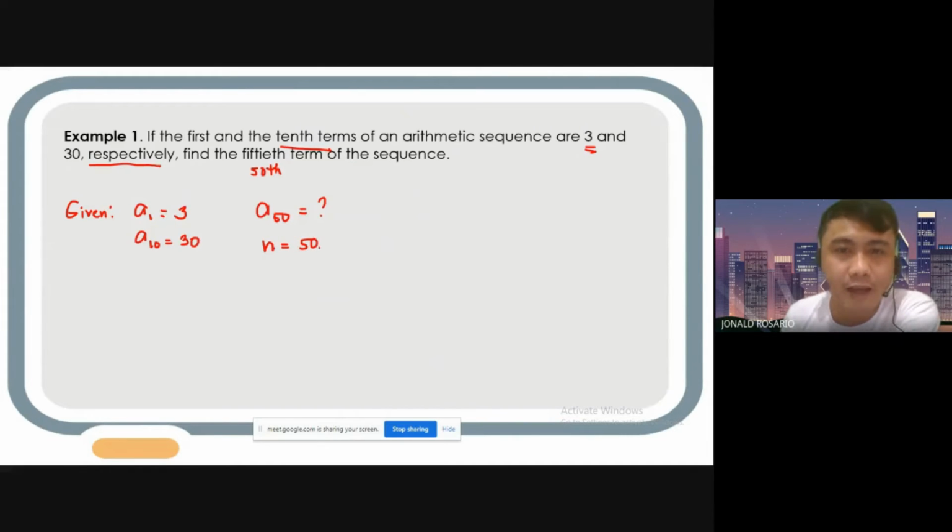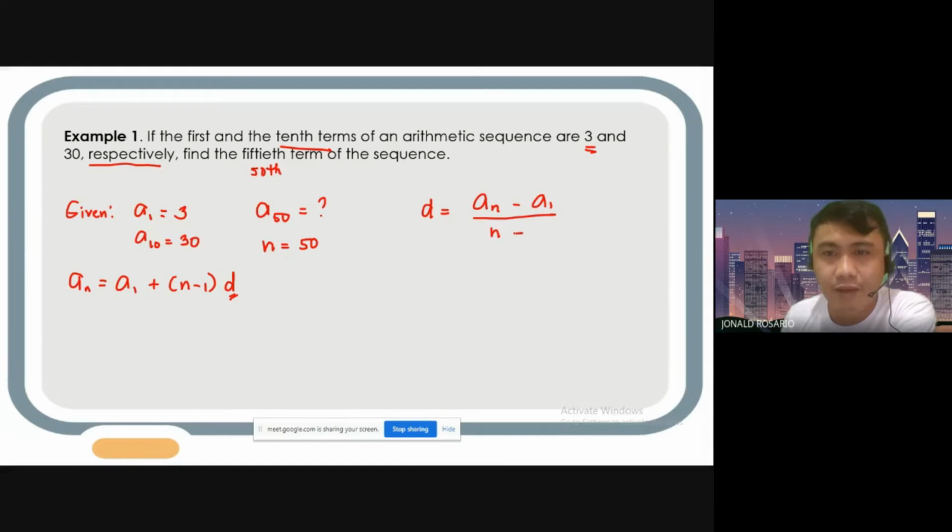The problem is, if we use the formula a sub n is equal to a sub 1 plus n minus 1 times the common difference, we don't know d, the common difference. So we can compute the common difference first: d is equal to a sub n minus a sub 1 over n minus 1.